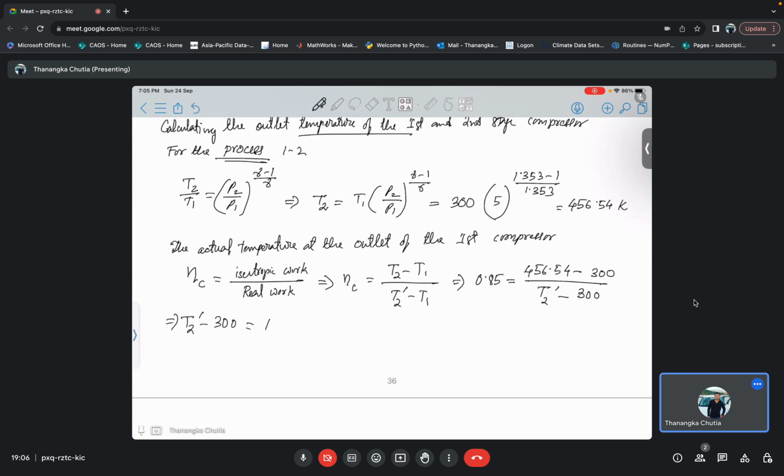T2 prime is equals to 484.16 Kelvin. So this is the actual temperature exit at the first compressor.